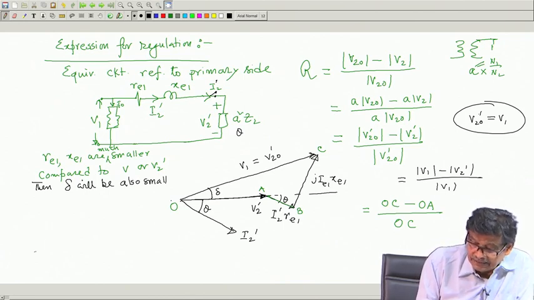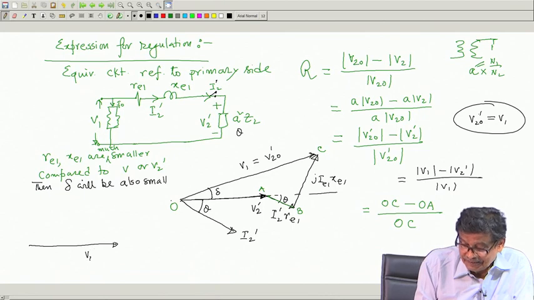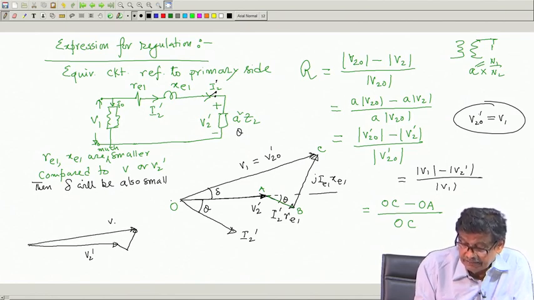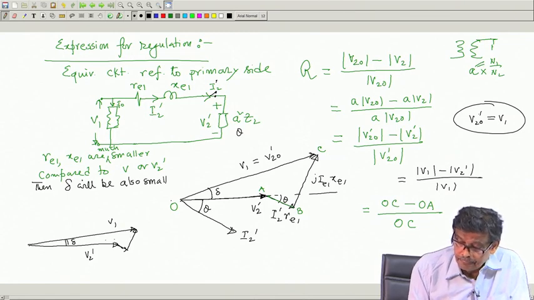That is, as I was telling, it is V2 dashed. I wipe that out, but it is like this. If this be the case, then this delta will be pretty small, because you have added only small thing here and there. Okay.